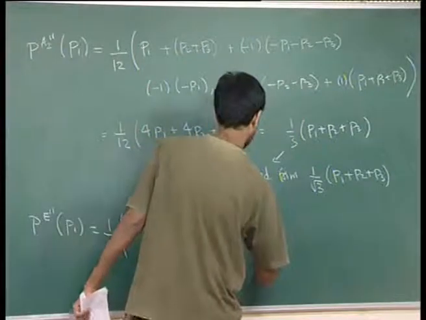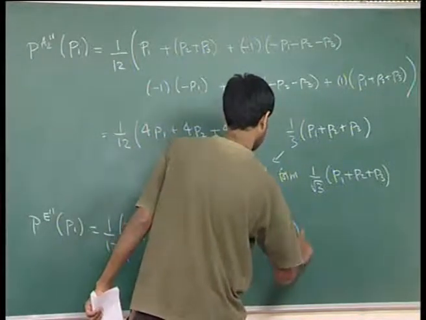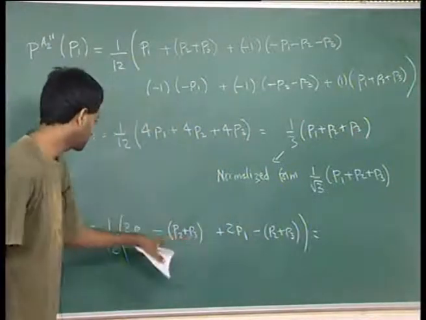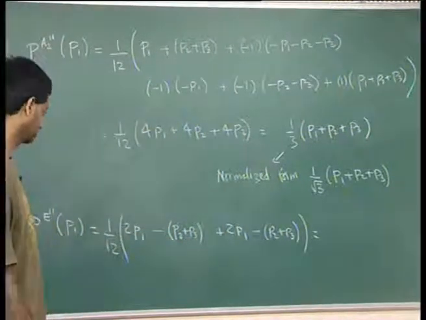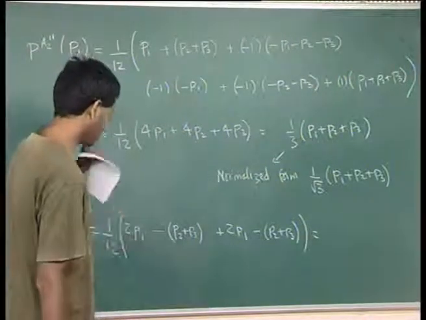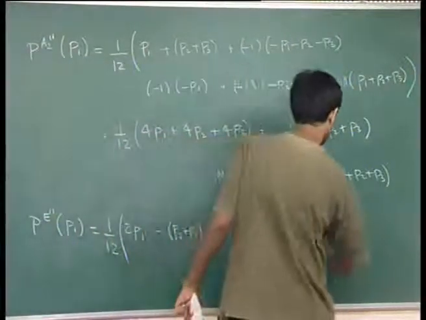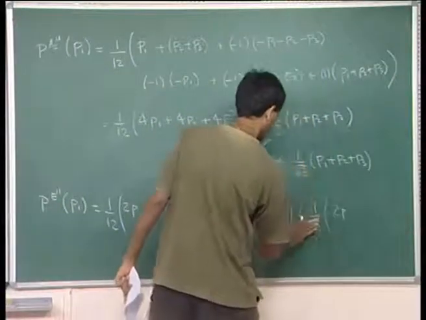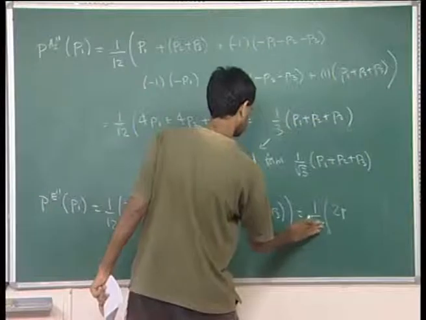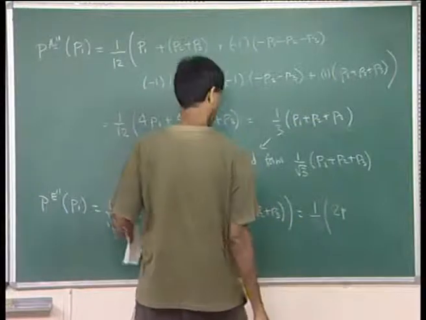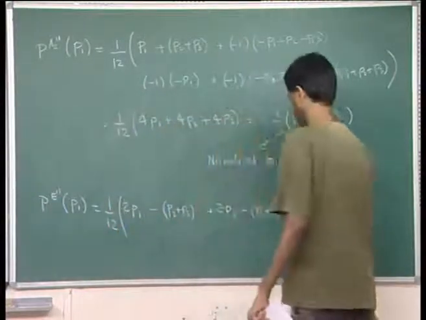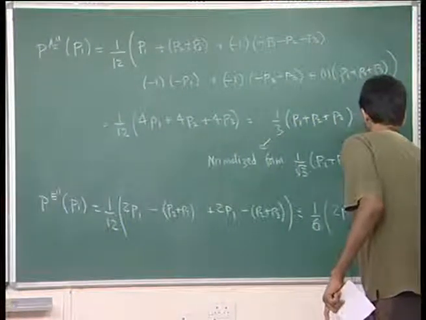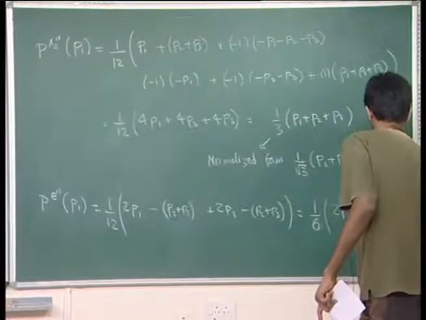So minus P2 plus P3 is equal to 4 P1 minus 2 P2 plus P3. Okay, so I'll write this as 1 by 3 2, or 4 by 12, 1 by 6 (2 P1 minus P2 minus P3).